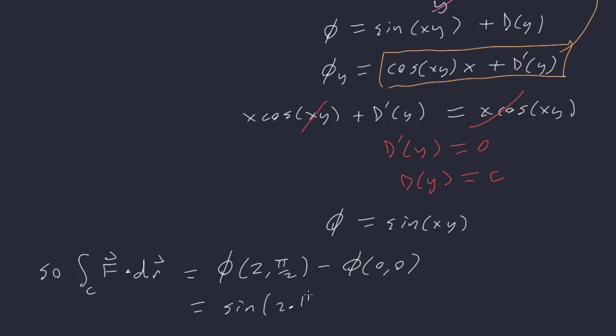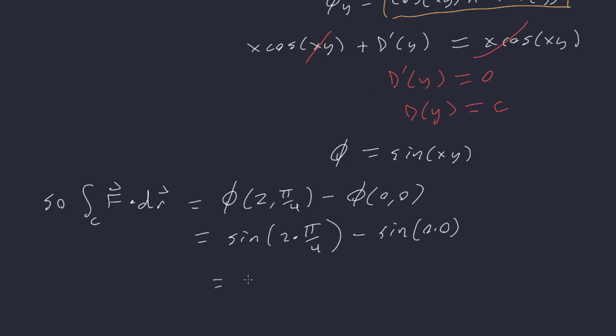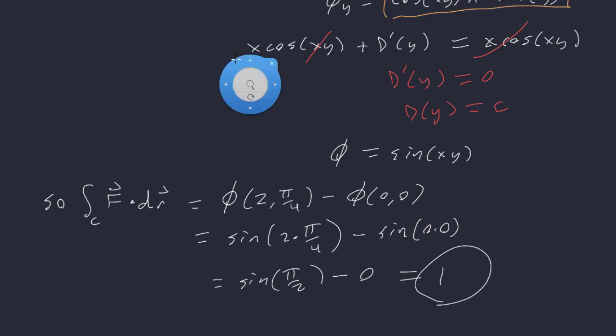So this will be sine of 2 times pi over 4, sorry, it was pi over 4 minus sine of 0 times 0. So this will be sine of pi over 2 minus 0, which will be 1.